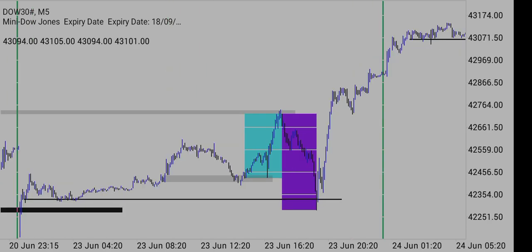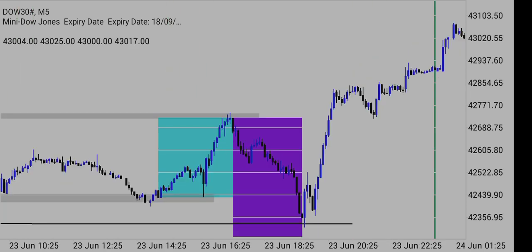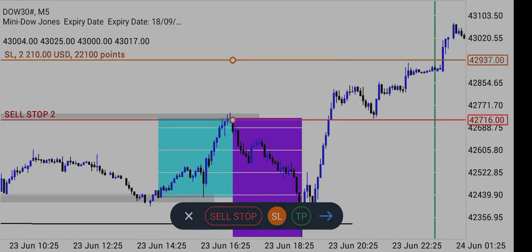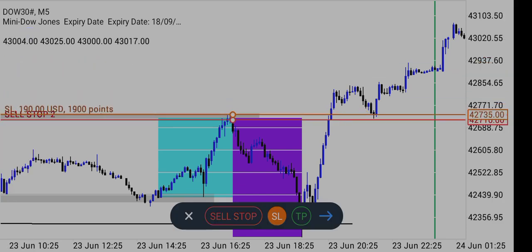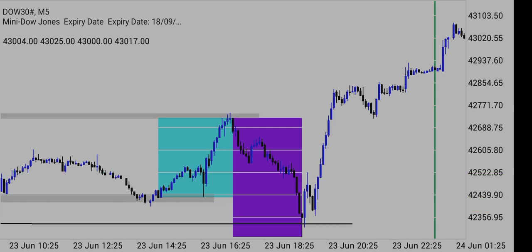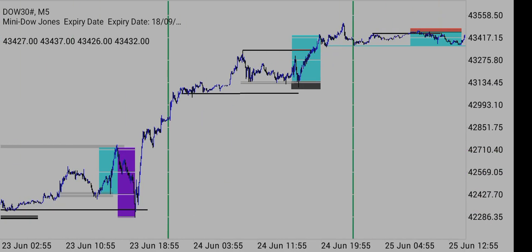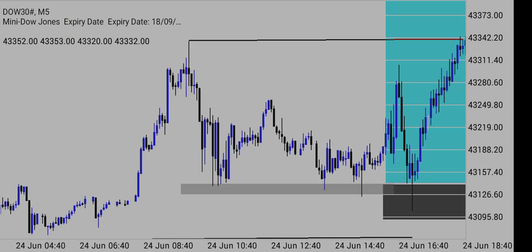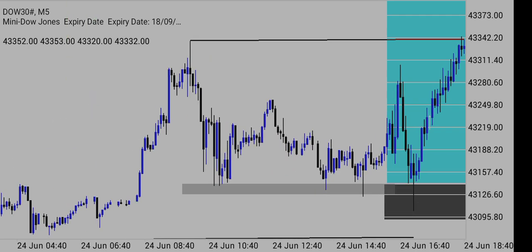Okay, so we also got a selling entry. Again 3000, leave it. Liquidity is the only thing that moves the price. Without liquidity the market would never ever move.